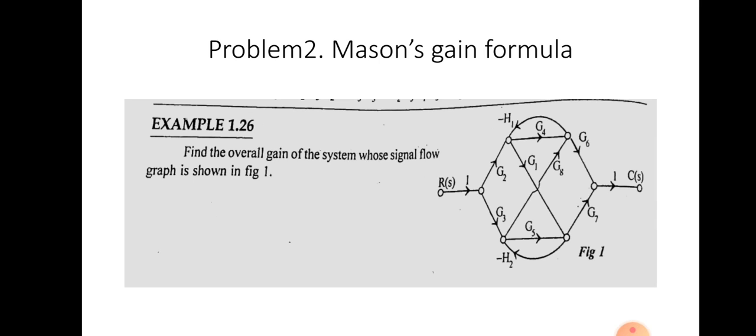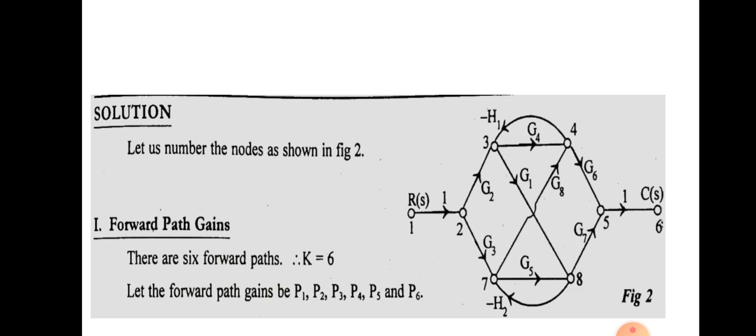Here the signal flow graph is given, the input is R(s) and the output is C(s). The gain of each path is also given. R(s) is the input to the first node with gain 1. Here the nodes are not marked, so our first step is to mark the nodes in this figure. We can mark the nodes as 1, 2, 3, 4, 5, 6, 7, 8.